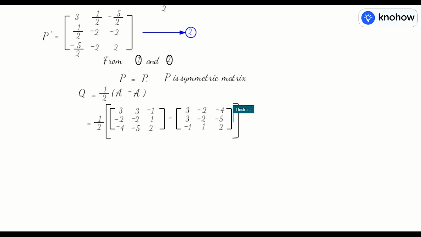And now you subtract the 2, that means subtract the corresponding elements. Subtracting the corresponding elements, you get Q equal to half of 0, 5, 3, minus 5, 0, 6, minus 3, minus 6, 0.